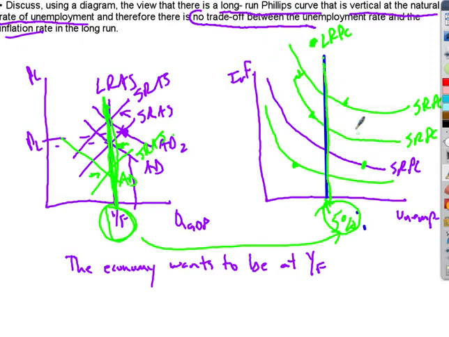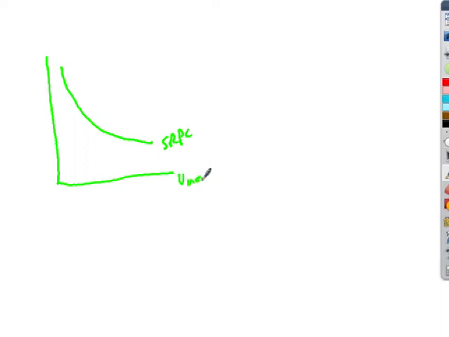All right. And the moral of the story is, no matter what the level of inflation, it doesn't have any impact on the unemployment rate in the long run. It does in the short run, but in the long run, it always gets back to this. And so if on a test you were to show the short run Phillips curve, or just explain the trade-off between unemployment and inflation, you would do this. Short run Phillips curve, unemployment and inflation.